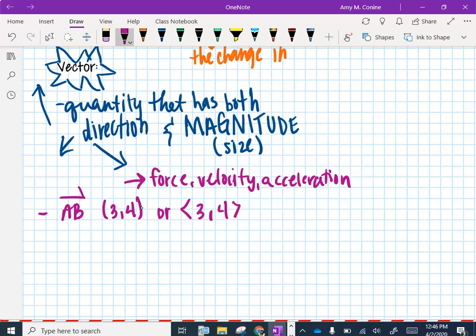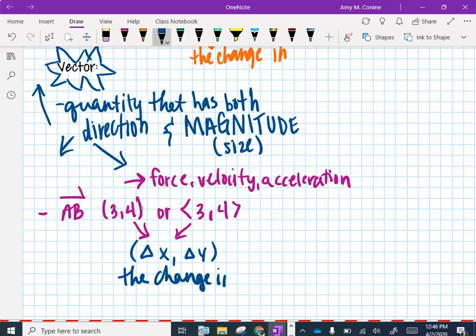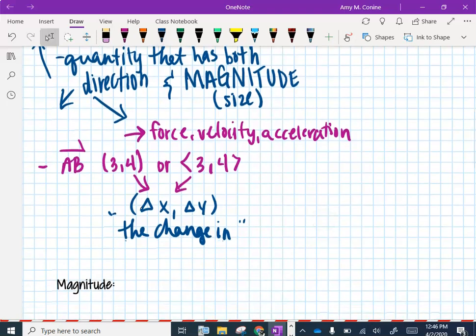Okay, so you'll have what looks like a coordinate, but really what that represents is the change in x and the change in y. There's that change in again. So it's not necessarily a coordinate, you're taking their coordinates and doing the change with them.